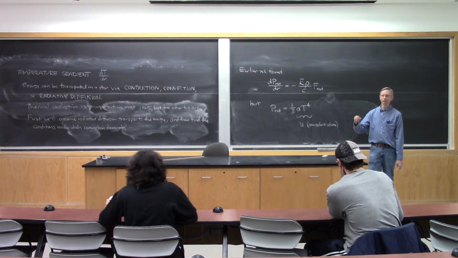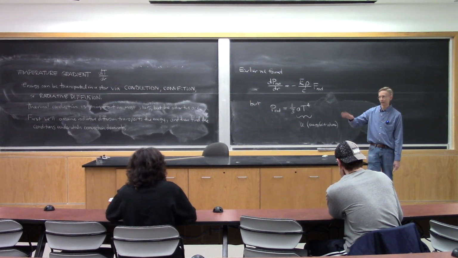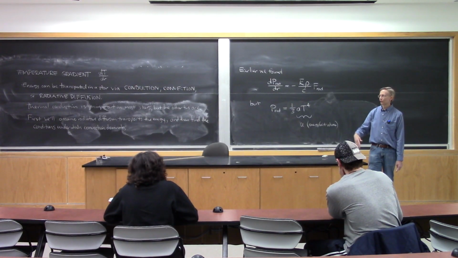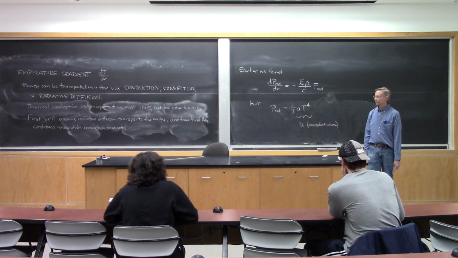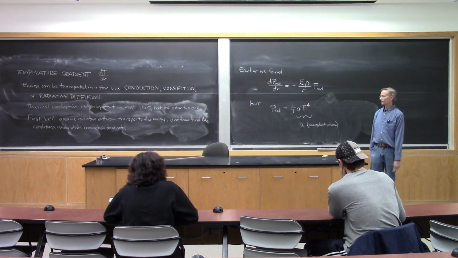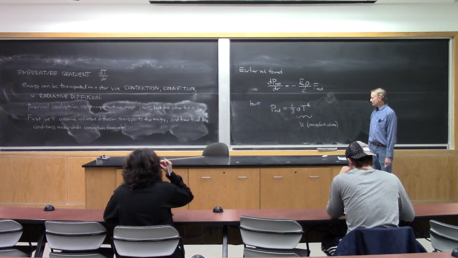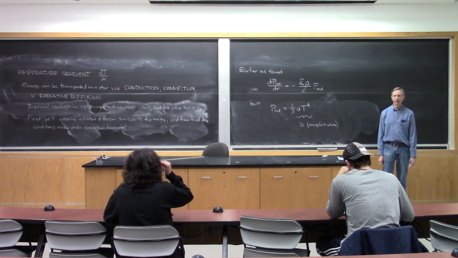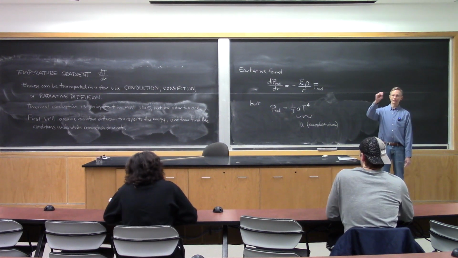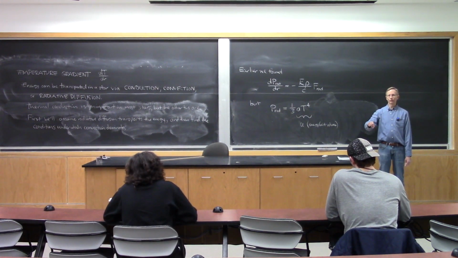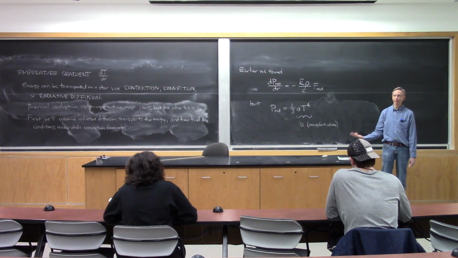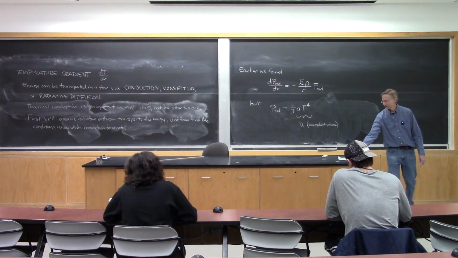Because work is force times distance, or F dot dr. So energy per unit volume is, unit-wise, the same thing as force per unit area. It's not physically the same thing. Energy per unit volume, unit-wise, is force times length over length cubed, or in other words, force over length squared. They both have the same units, okay?